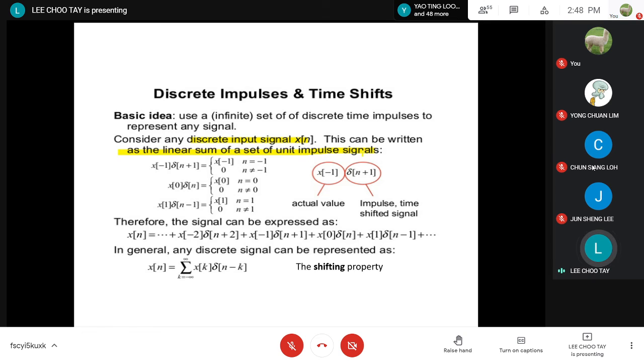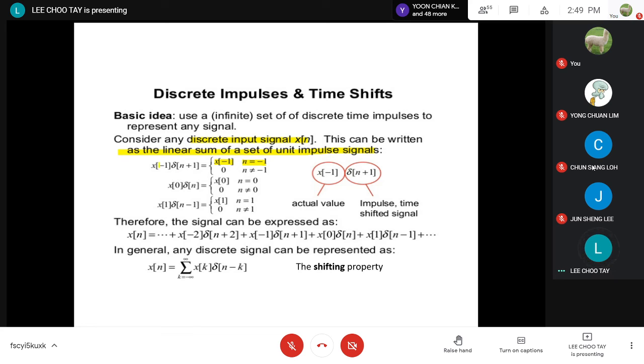So what it means is x[-1] multiplied with delta[n+1] will only give me an output of x[-1] when n is -1.